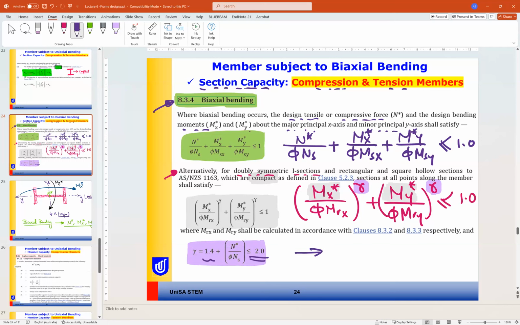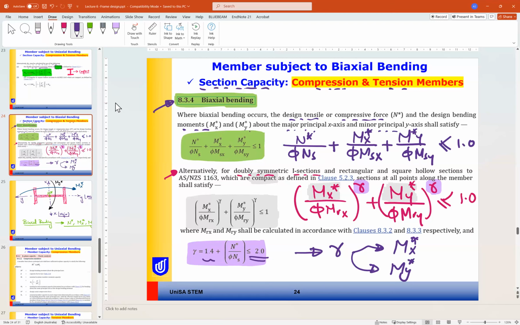So if we know gamma, we can check the moments Mx asterisk and My asterisk using the formula above.